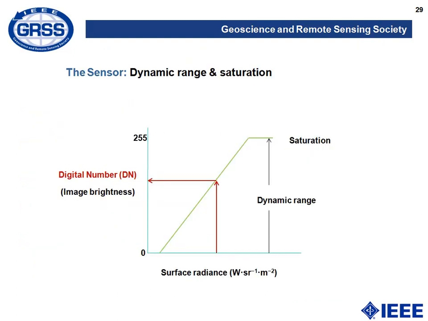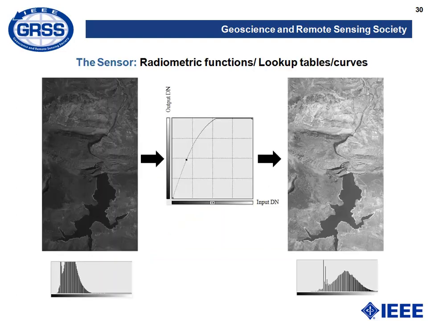Using the dynamic range and the saturation of this range, we can finally adjust lookup tables or curves to better represent the images on the left-hand side captured by the sensor.